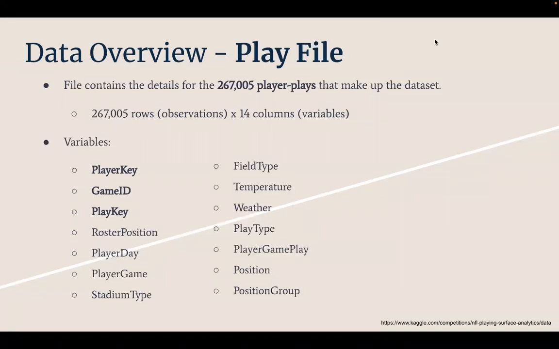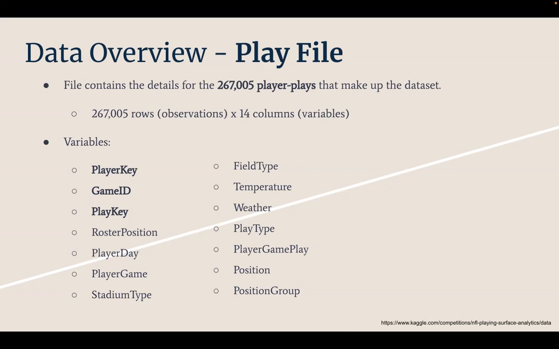The play file contains the details for 267,005 player plays that make up the data set. So there were 267,005 observations and 14 columns and variables. The details about the plays can also be indexed with the injury records data set using the key variables player key, game ID, and play key.